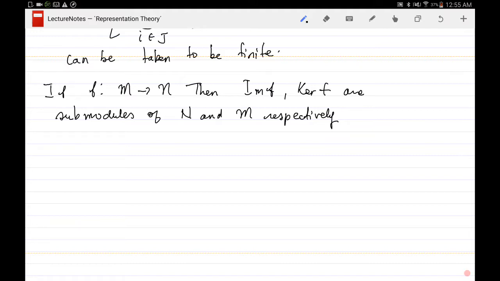And all you need to do is repeat the same arguments, but imagine replacing the representation phi with the K algebra, and then you replace the representation spaces with the abelian groups.